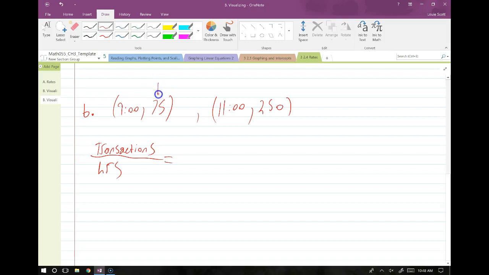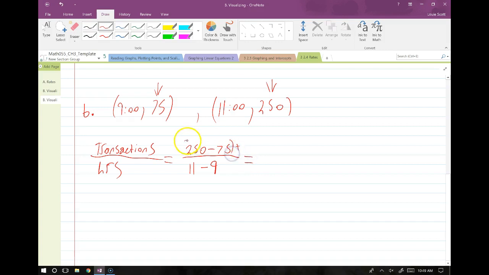I started at 75 transactions and ended at 250, so the number of transactions is 250 minus 75. As far as hours go, I started at 9 o'clock and ended at 11 o'clock, so the number of hours is 11 minus 9.